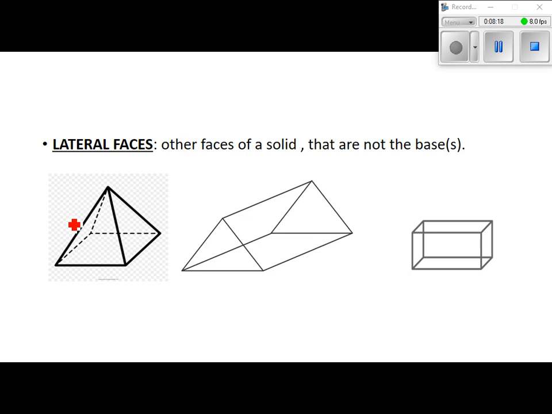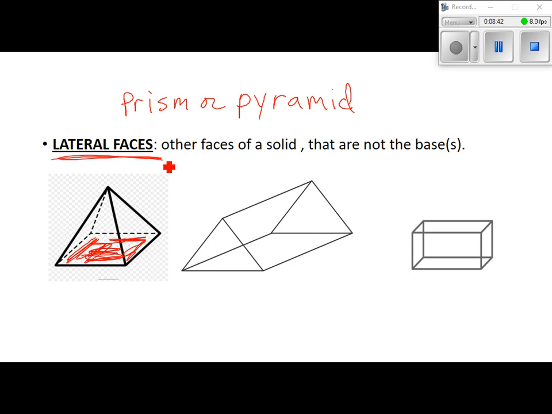The parts in a prism or pyramid. Let's go with this pyramid first. This is our base. All the other faces are called lateral faces.